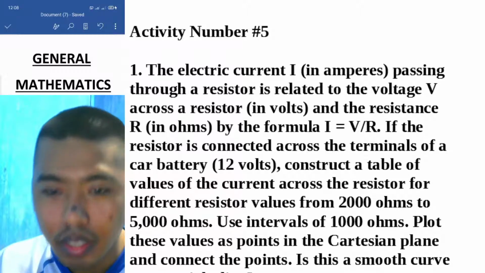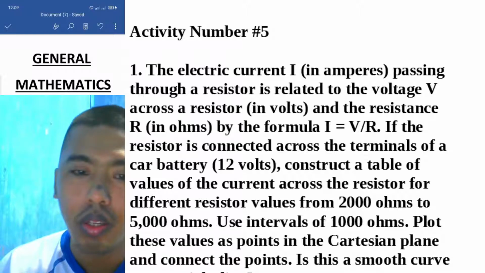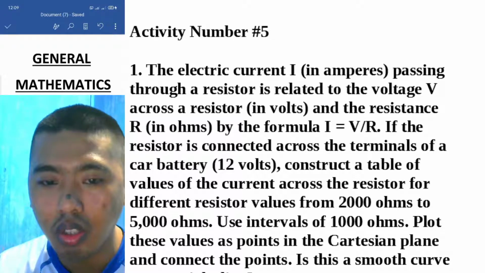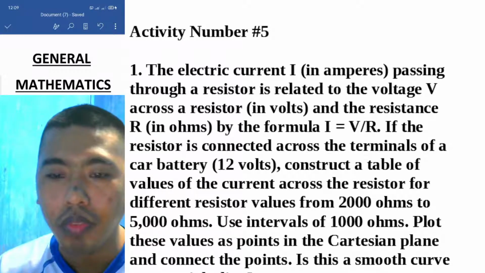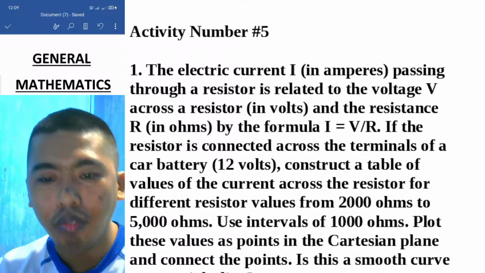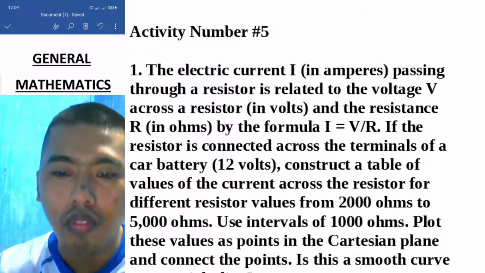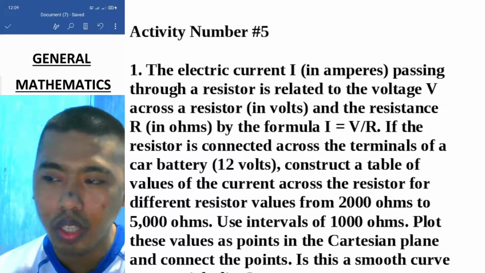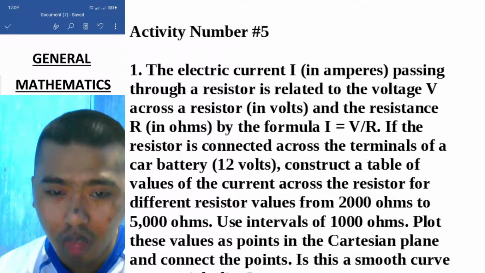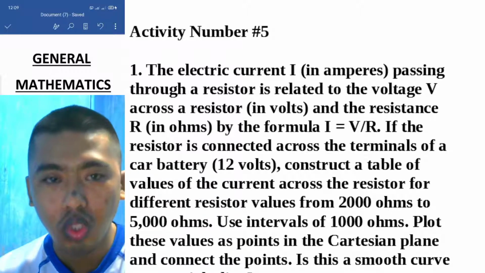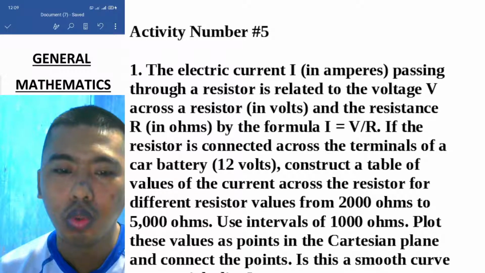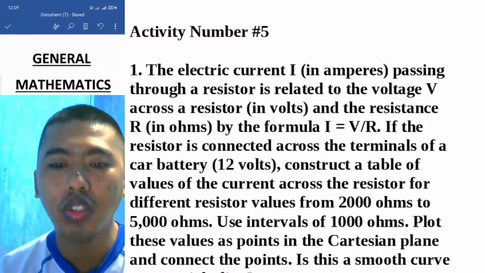The electric current I in amperes passing through a resistor is related to the voltage V across a resistor in volts and the resistance R in ohms by the formula I is equal to V over R. If the resistor is connected across the terminals of a car battery of 12 volts, construct a table of values of the current across the resistor for different resistor values from 2000 ohms to 5000 ohms. Use intervals of 1000 ohms.